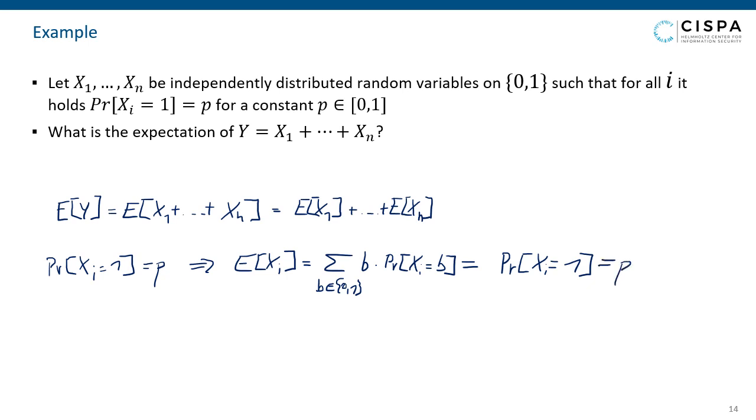So we can finish computing the expectation up here. This is just p plus and so forth plus p, the whole thing n times, which makes this n times p. And that's the expectation of the sum of these biased coins.